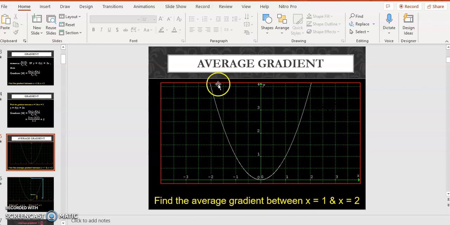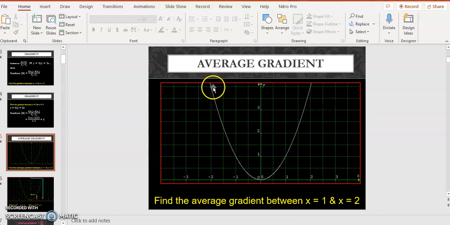Remember, a quadratic graph is not a straight line where you can only use 2 points. It has a lot of points, and the gradients are many. We can have these 2 points, these 2 points, these 2 points, because it's not a straight line where all the points give you the same gradient. You can have different gradients.